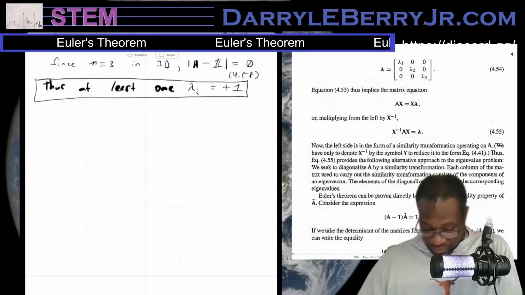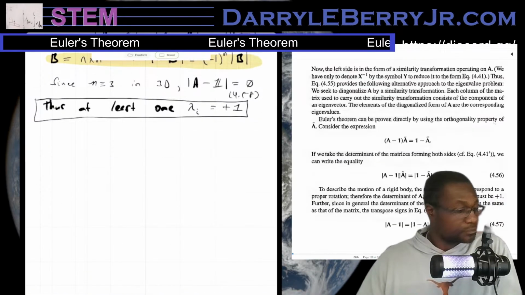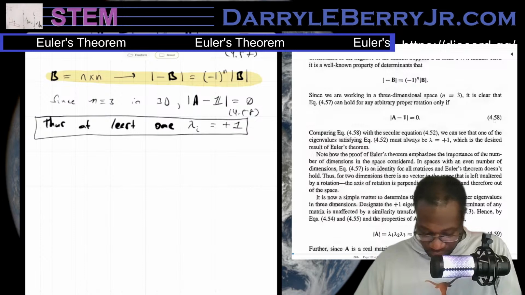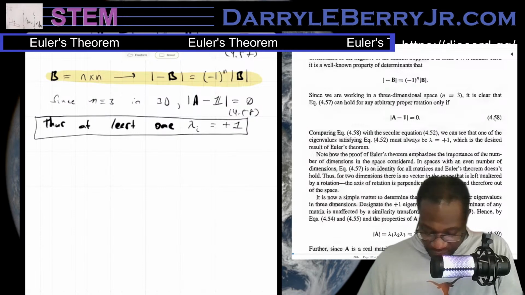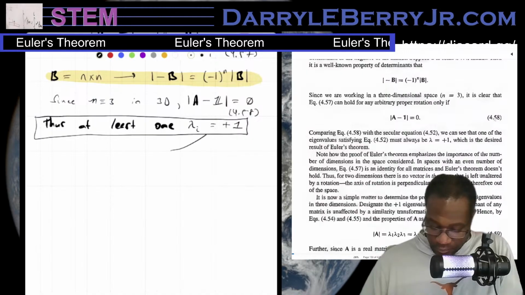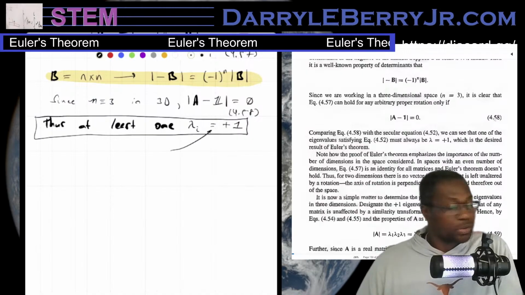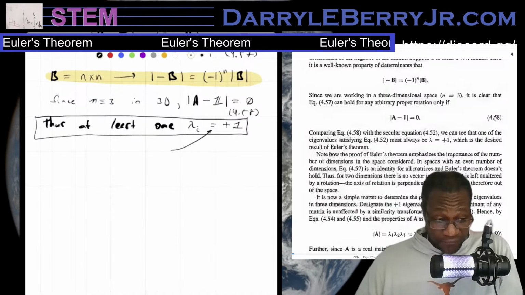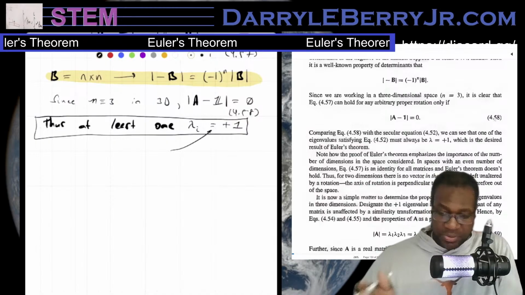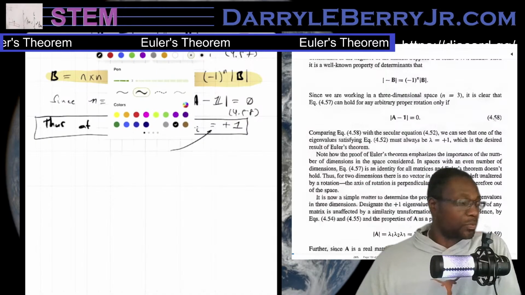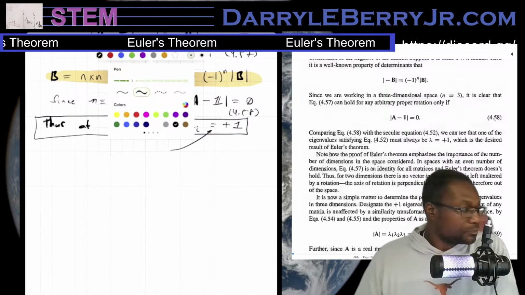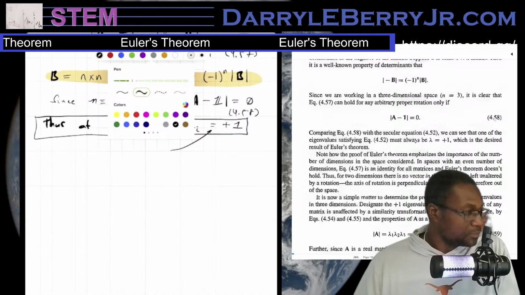So what I'll do here is continue from where I left off with this 4.58. And we know that when we're doing these problems with a rigid body in 3D around a fixed point, at least one lambda is going to be 1, because that's going to be the column and row where the rotation happens. All right?